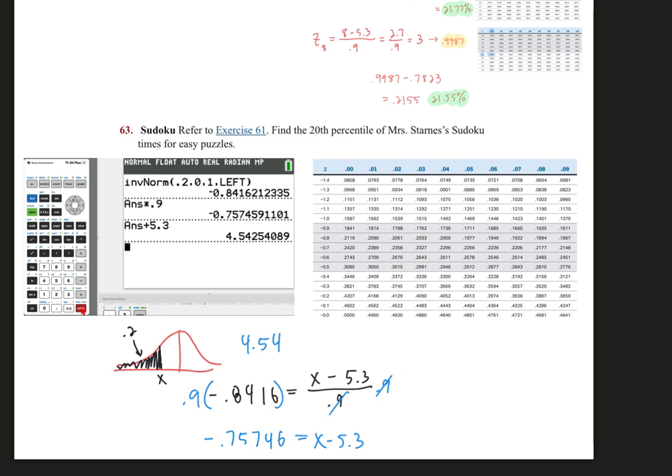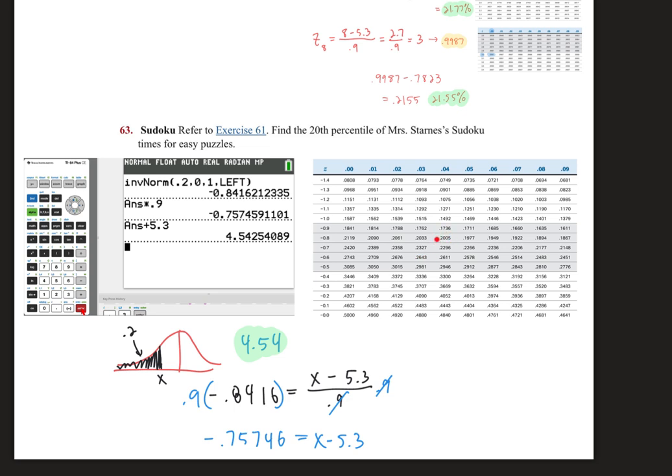4.54. So that's the value that's at the 20th percentile. If we were going to do it the table A way, these are naturally kind of percentiles. When you think about percentile as the percent less than or equal to, that's really what these values are. So just scan until you get the closest number to 0.2.